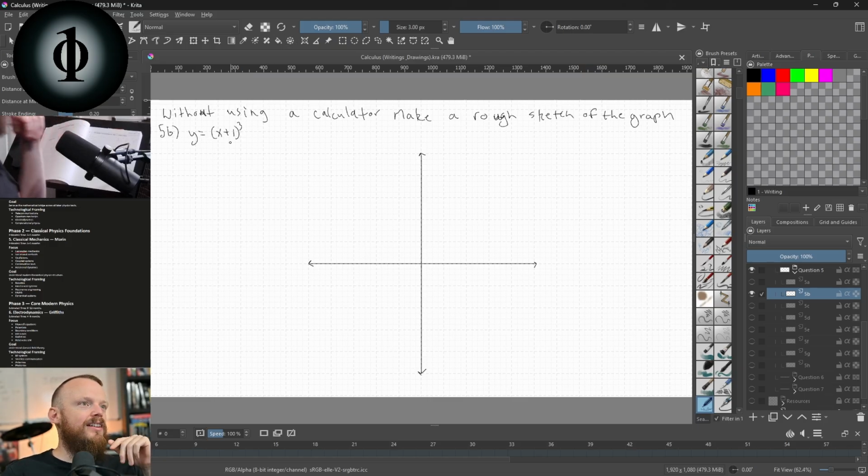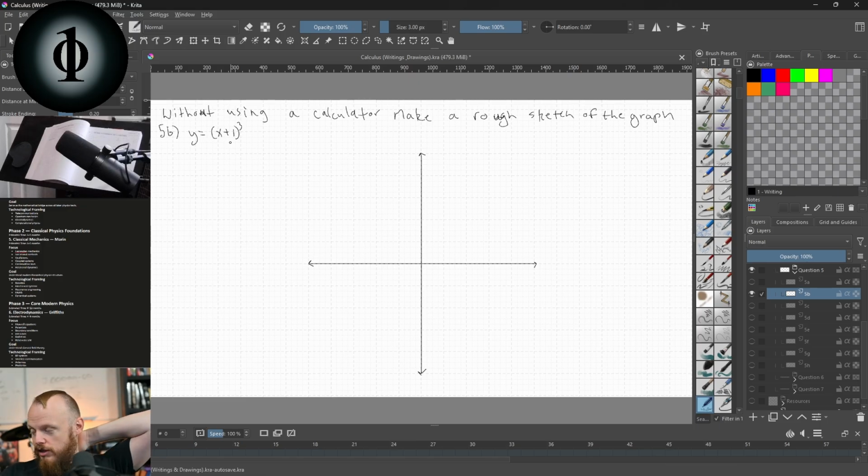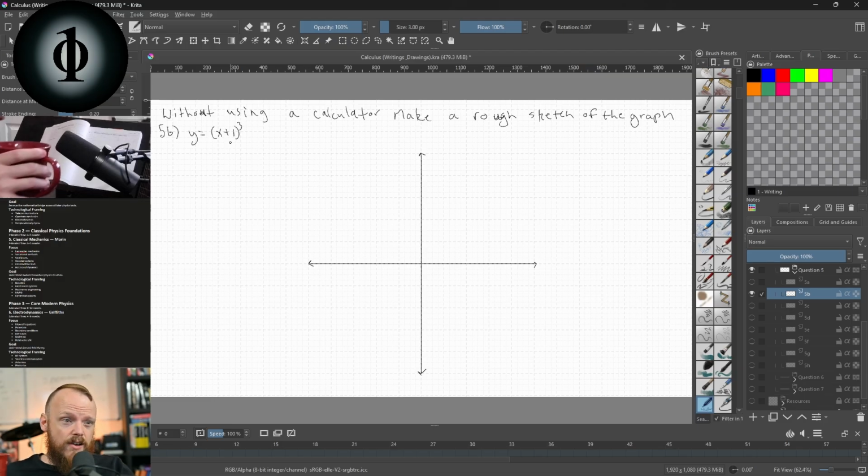Y is equal to x plus 1 cubed. I have an old sheet from my AP calculus class where it lists everything relevant to calculus, like functions, graphs, common derivatives, just everything. I gotta dig through and see if I can find it.